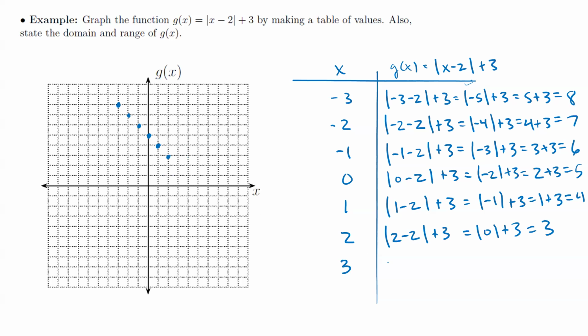Still haven't found it. Now, when I plug 3 in, we get absolute value of 1 plus 3, which is 1 plus 3, which is 4. Okay, now I think I've started to rebound, right? 3, 4. So maybe just do a couple more.